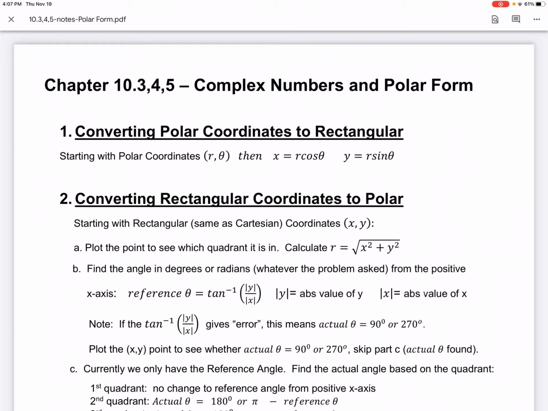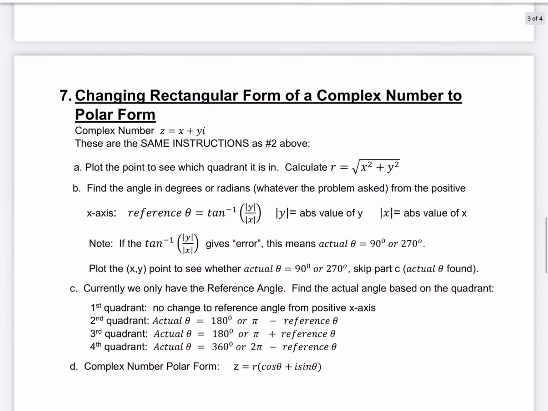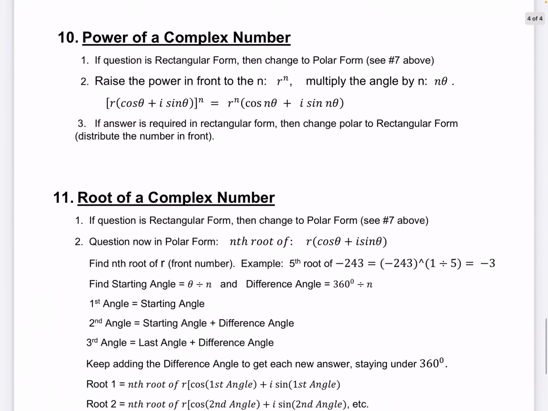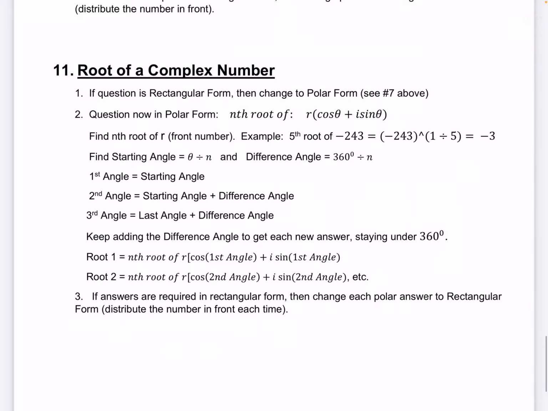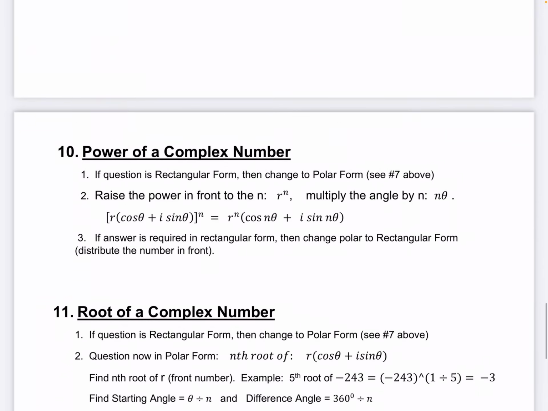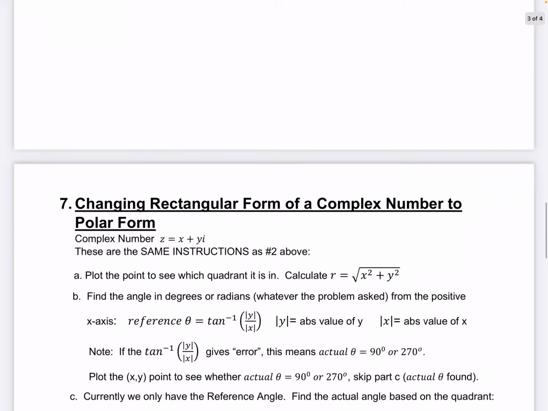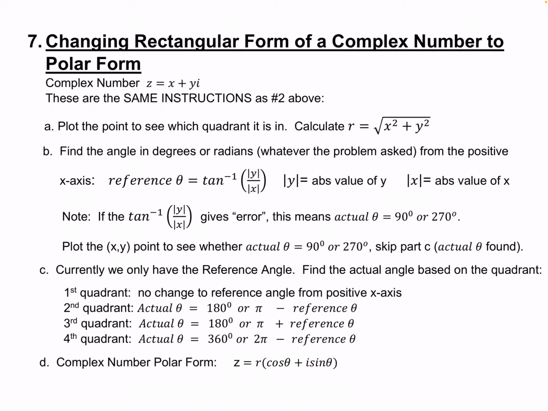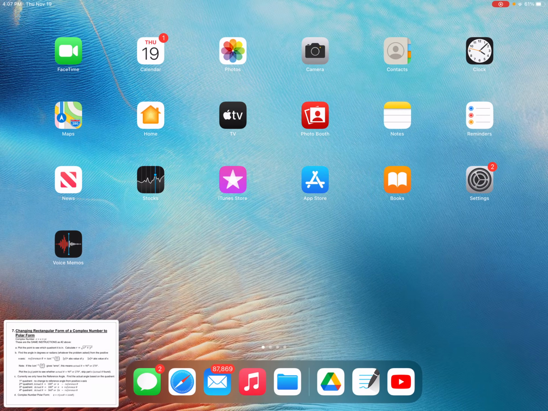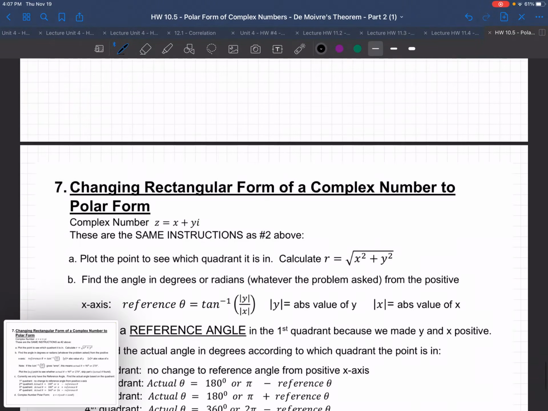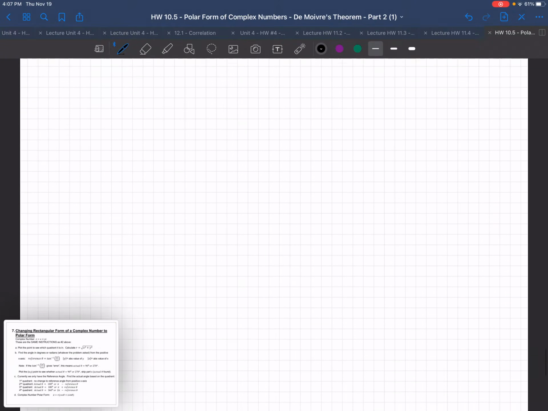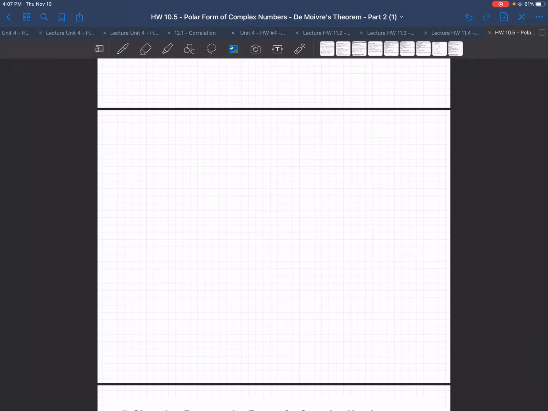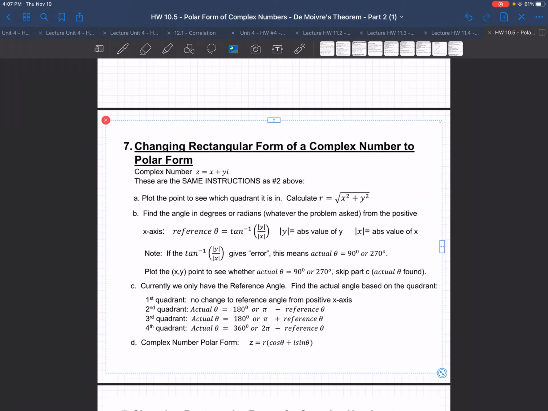These are in the top of Module 5 for you, and roots of a complex number. Oh, actually, I've already got those for you. Okay, so we got what we need here.